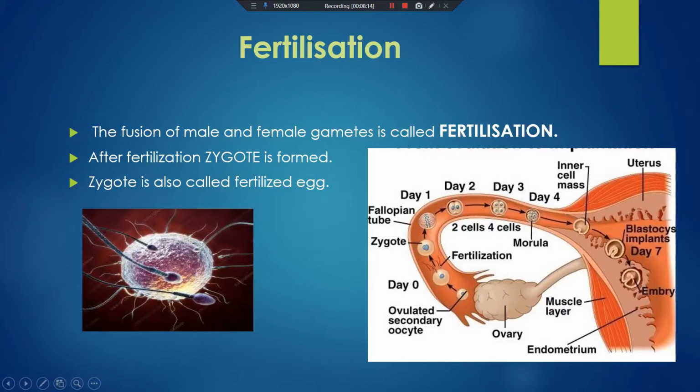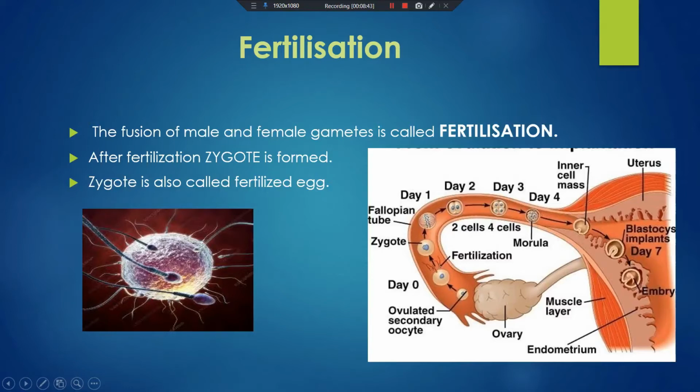Now what happens to this zygote? Here in the zygote, division starts. Multiple divisions take place. First it converts into 2 cells, then 4 cells. Then it multiplies again, and in this way it becomes a mass of cells, a lump of cells, and this is called an embryo. So the zygote, after multiple divisions, converts into the embryo.